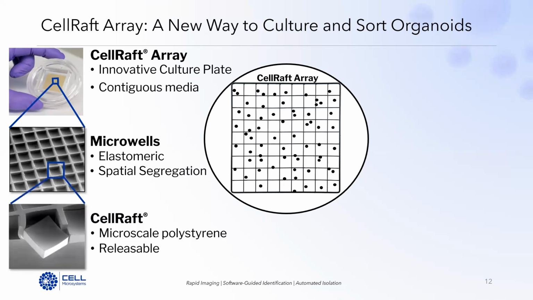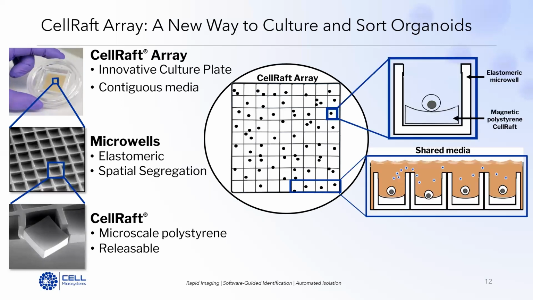At the bottom of those microwells, we fabricate a microscale polystyrene growth surface that we call the CellRaft. And importantly, these CellRafts are releasable from those microwells to be retrieved for downstream use. So just to orient you a little further here, you can see in white, we have that elastomeric microwell.